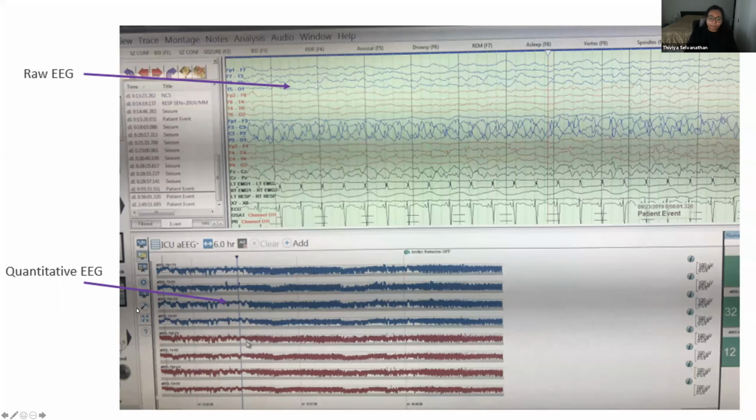At the bottom, we have the quantitative EEG or amplitude integrated EEG. And here we have, once again, the same color coding. So blue represents activity from channels that are recording the left side of the brain, and red represents activity from the right side of the brain.